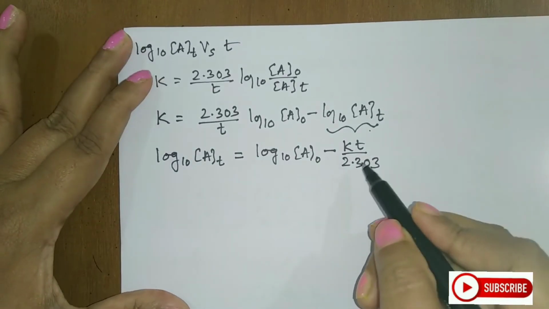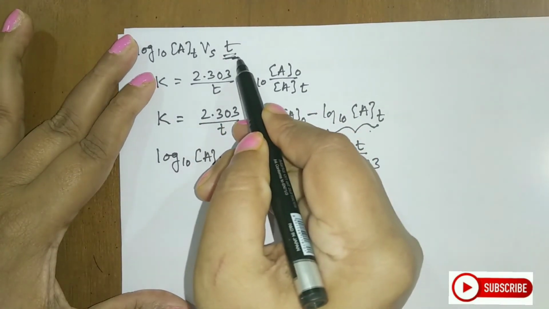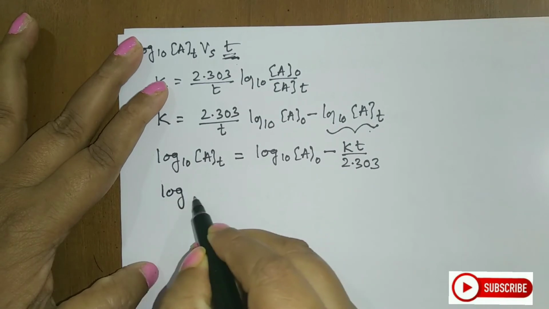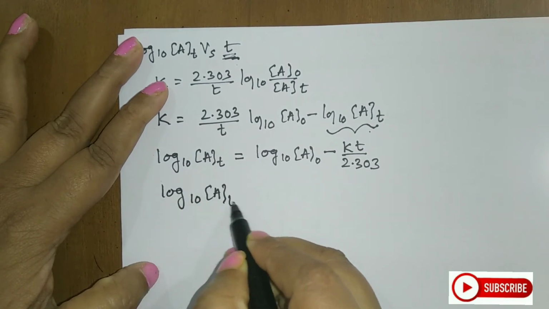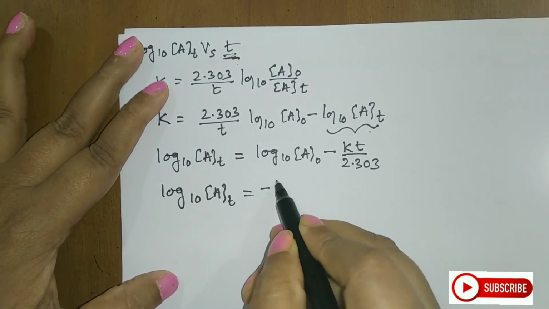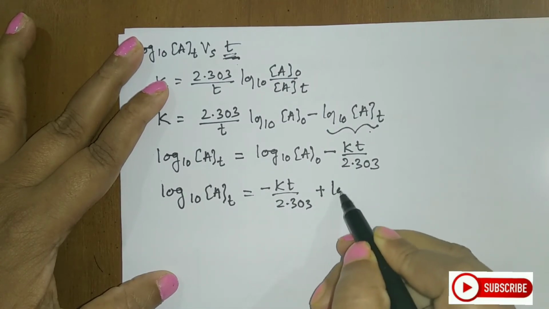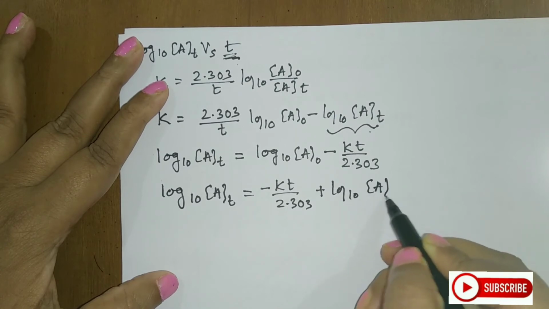Now students, you know that we have to plot this for t. So t must be x. So just for convenience, I am rearranging. So this will be log at is equal to minus kt upon 2.303 plus log to the base 10 of a0.